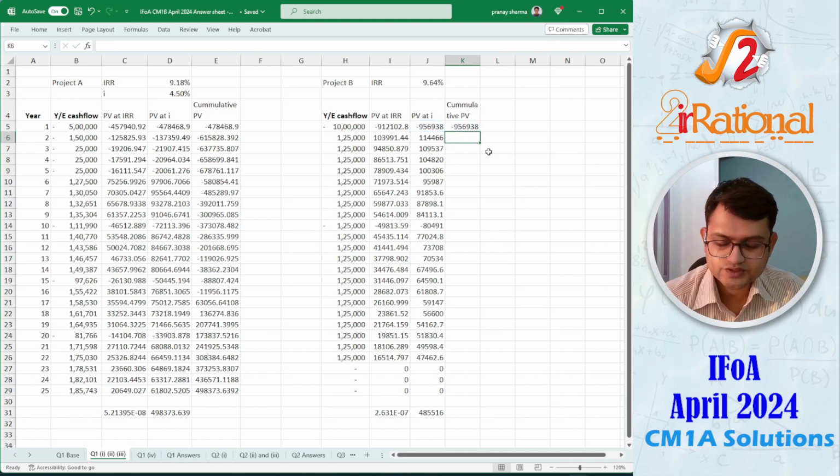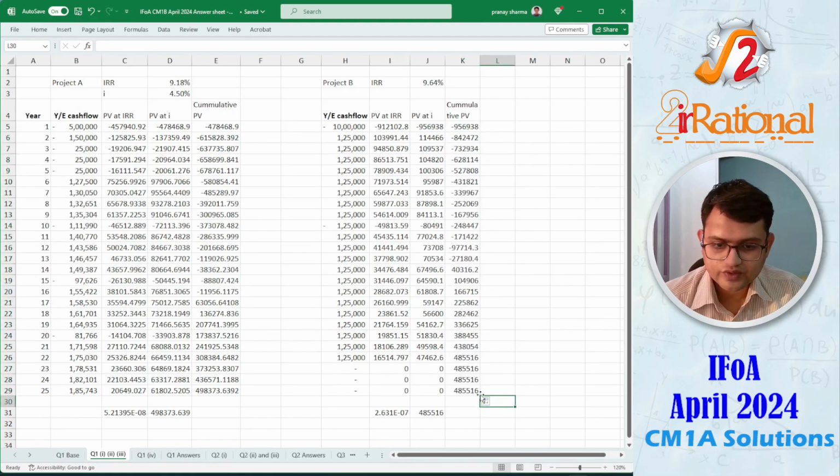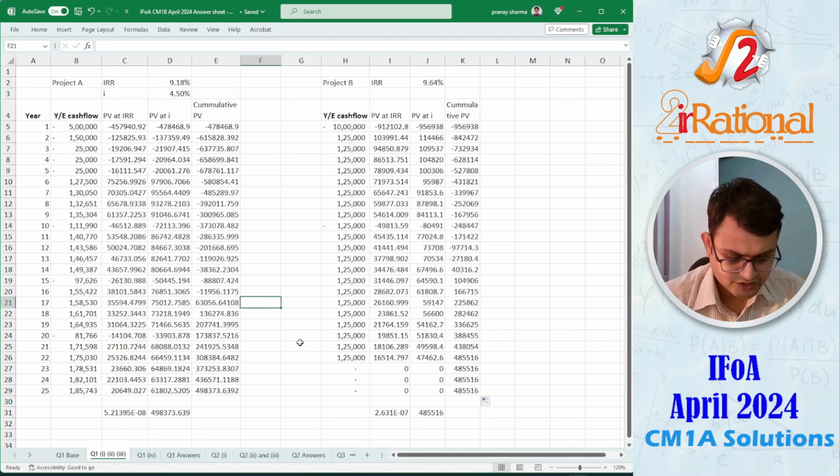First value as it is, then second value previous plus the second value, and here we go. So DPP is going to be the first term that is going to be positive. So this is the DPP, the year. So year is 17, and in this case year is 14.